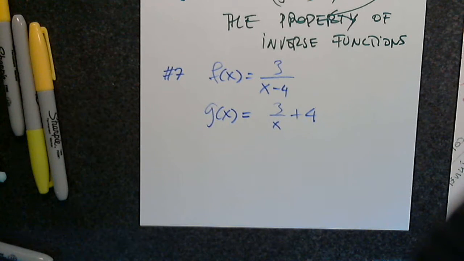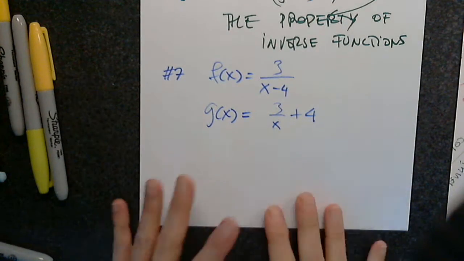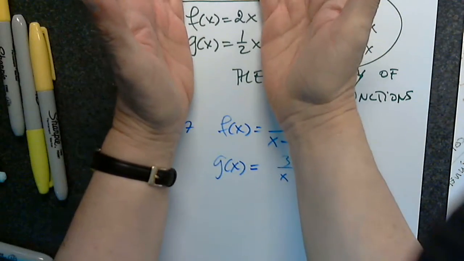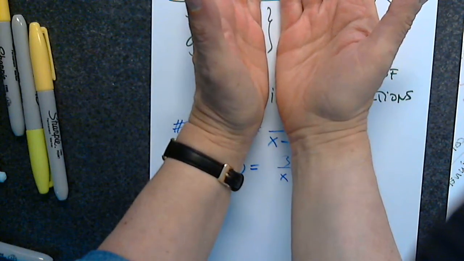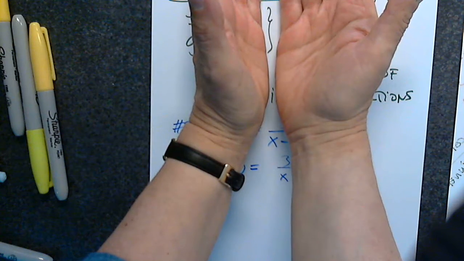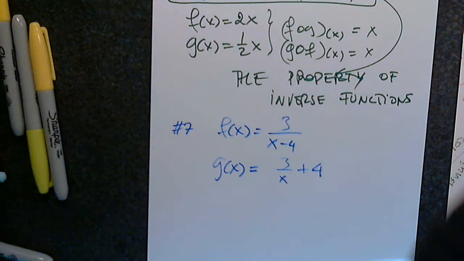Show. What do I have to show? What do I have to calculate? Exactly. I have to calculate f of g of x, and if the answer is nothing else but plain x, what do I conclude about f and g? They must be inverses of each other.